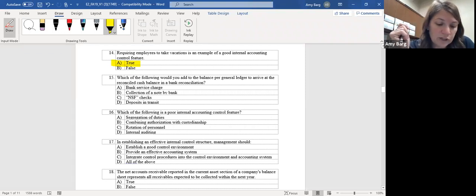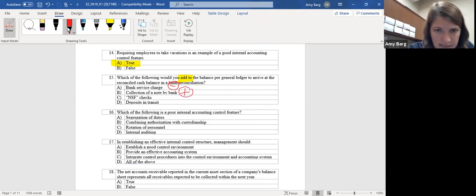Which of the following would you add to the balance per general ledger to arrive at a reconciled cash balance in a bank reconciliation? So we want to know about something you would add. A bank service charge is something that you would subtract, right? They charged us money and we have to take that out of our account, not add it to it. Collection of a note by a bank, that's actually the right answer. That's something that you would add.